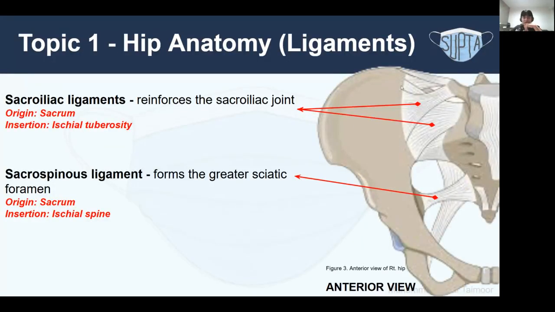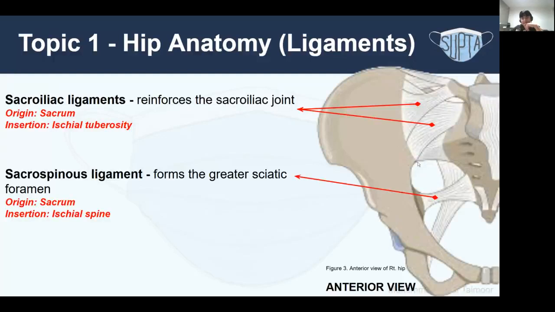It inserts onto the ischial tuberosity. Sorry, I'm pointing to the wrong thing. The sacroiliac ligaments should be right here. So the sacrum and then the ischial tuberosity. So these arrows should be there. My apologies. And then the sacrospinous is this one, from the sacrum to the ischial spine.